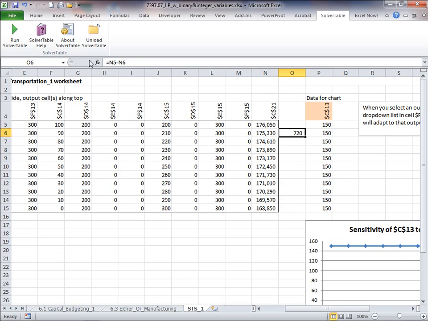Is that a valuable economic insight? I would argue yes. I would argue that as long as you can increase capacity for less than $72 per unit, whatever your cost is, you'd be better off increasing capacity of plant number 3 in this case.